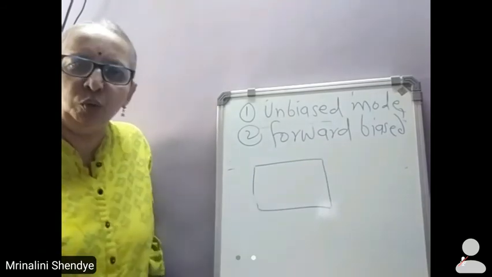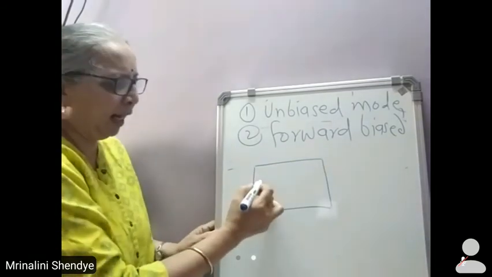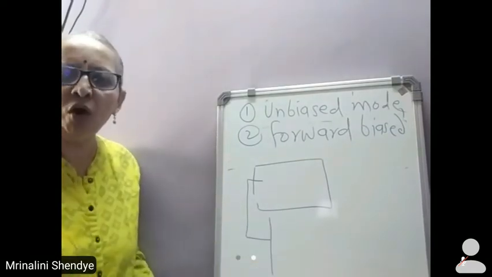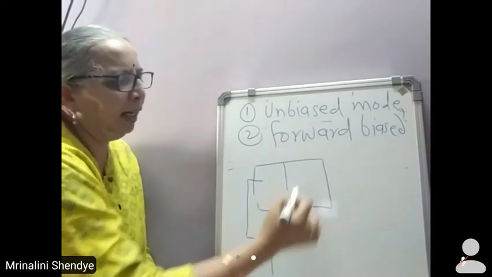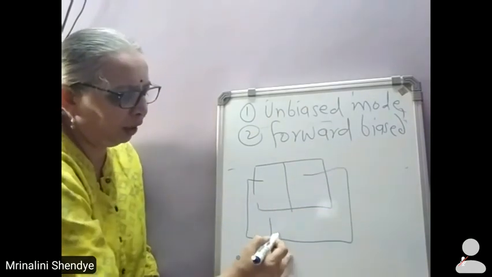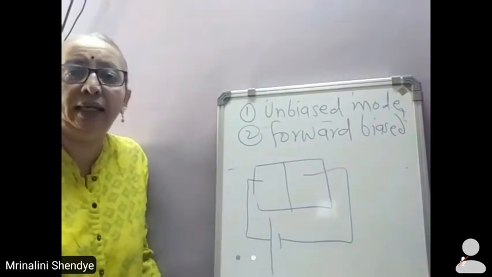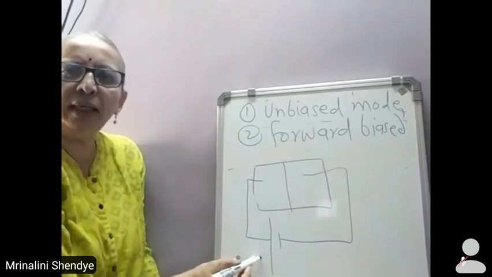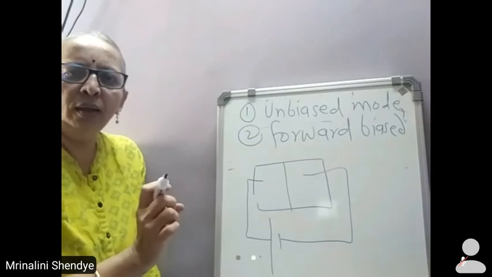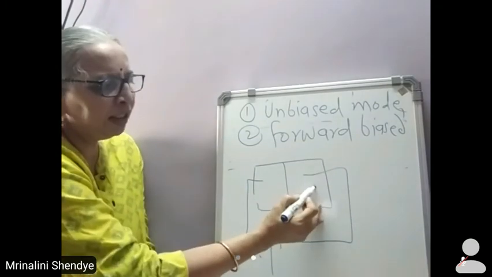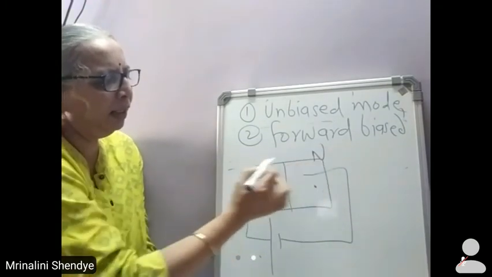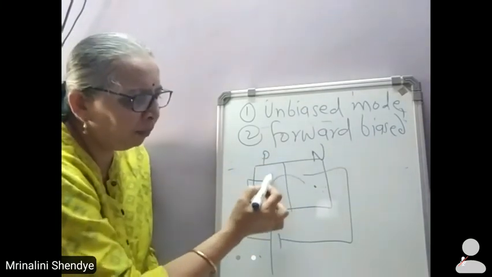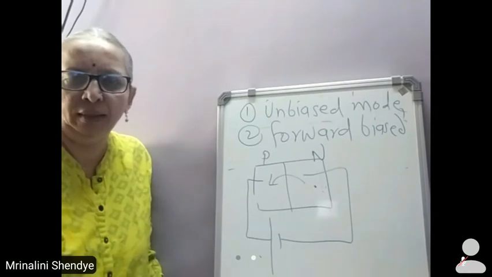If you connect P type to the positive terminal of an external electric source and N type to the negative terminal, when the value of the external source is small, then the energy received by the electrons in the N region is not sufficient to overcome this barrier potential.